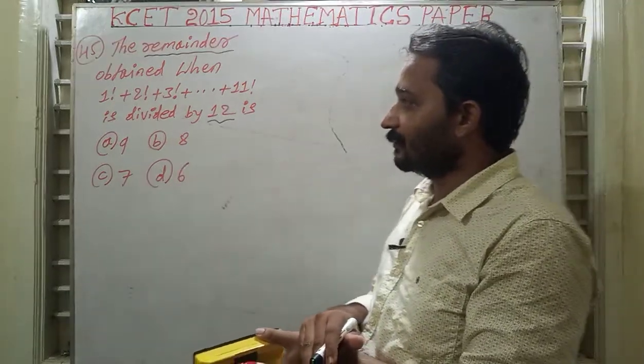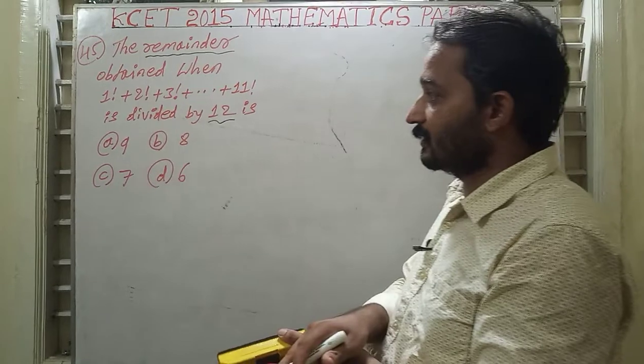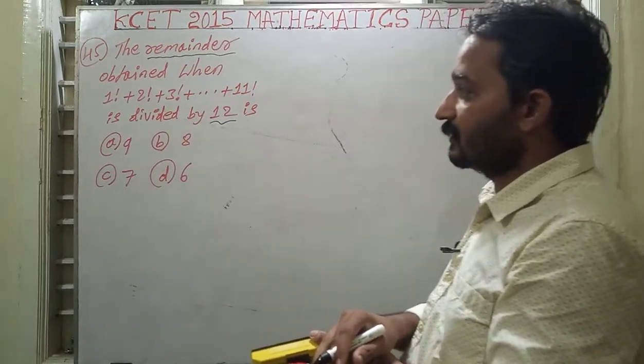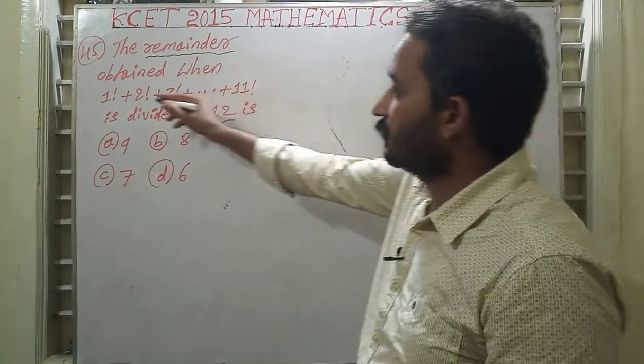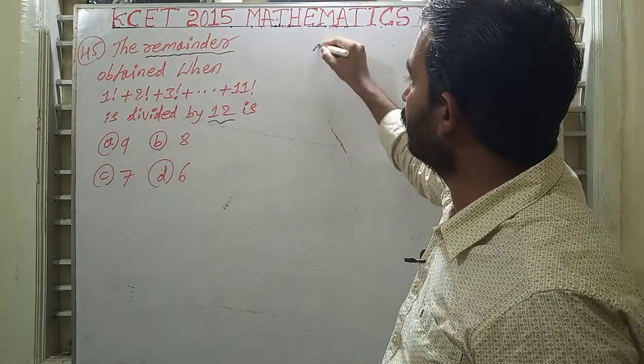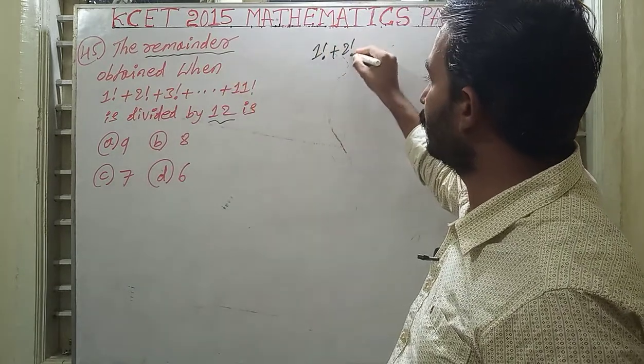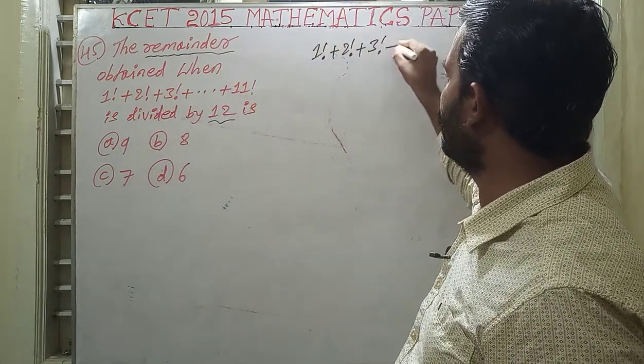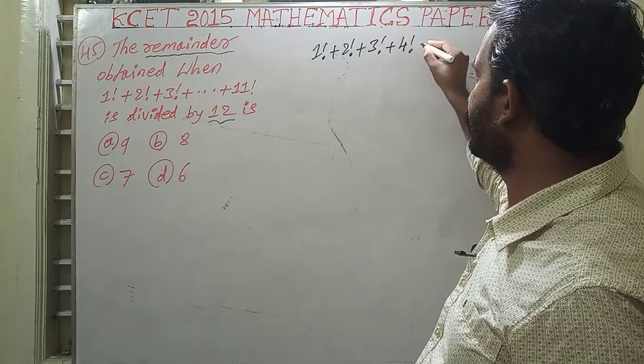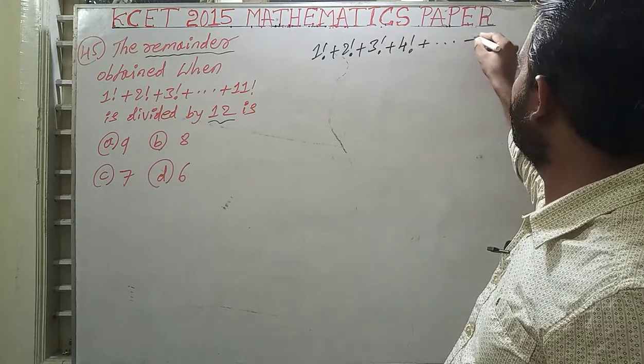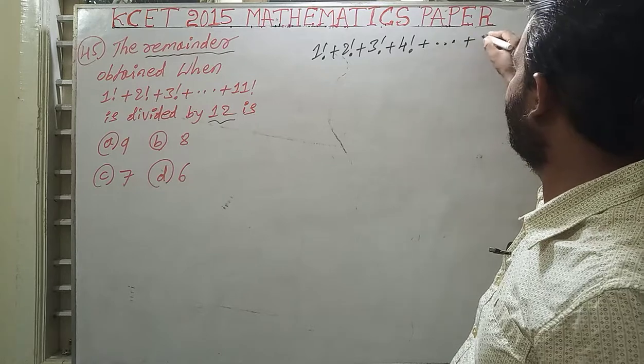This question can also be solved by using the binomial theorem, but we are not using that here. So directly simplify this question. Let us take the given data: 1 factorial plus 2 factorial plus 3 factorial, and 4 factorial is also there, so on up to 11 factorial.